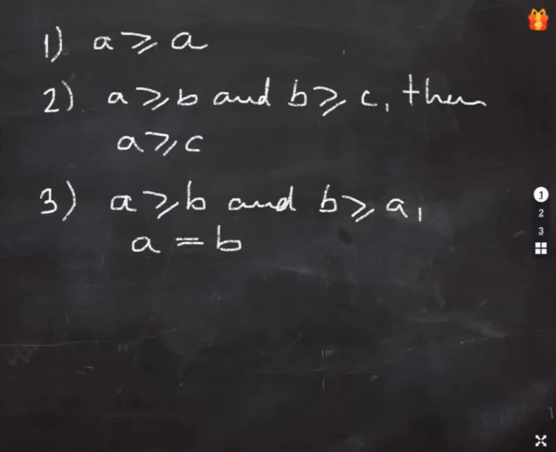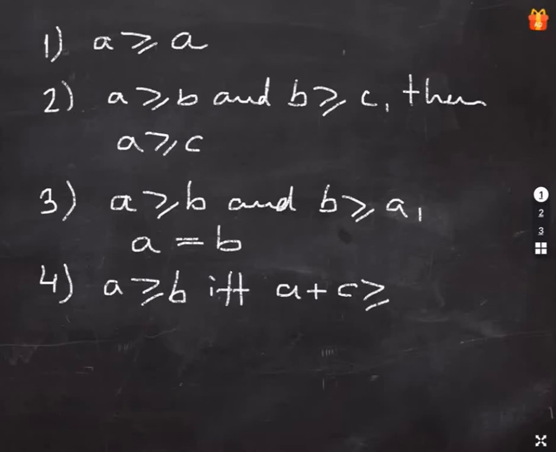Addition preserves order: a is larger or equal to b if and only if a plus c is larger or equal to b plus c.